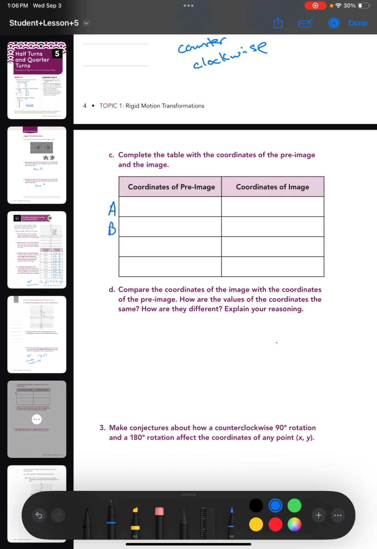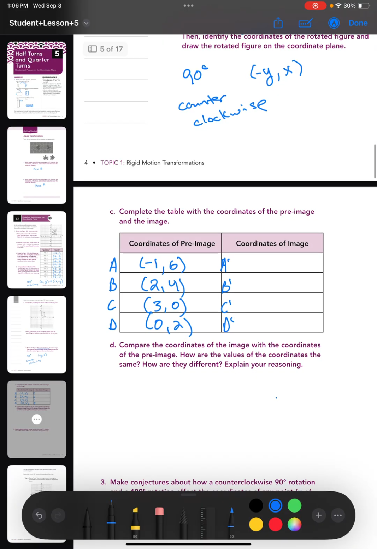again, A, B, C, D, and this is our new A, new B, new C, new D. So original pre-image: (-1, 6), (2, 4), (3, 0), (0, 2). And again, we're following that rule of (-y, x).